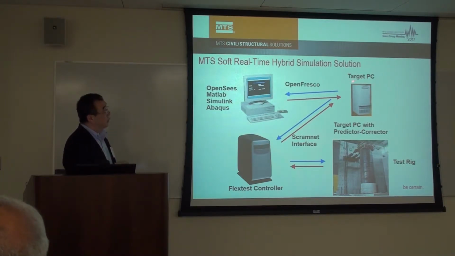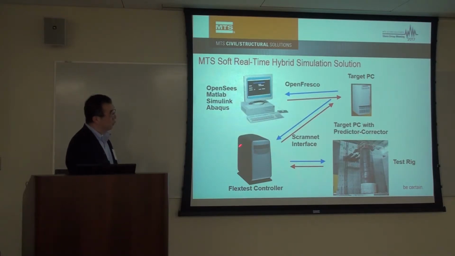The predictor-corrector model runs at a different rate than the real-time controller step size, so it does the interpolation, and the model can be run at a slower, larger time step than the controller step size. Then the predictor-corrector does the regulation and sends the command to the controller according to the controller rate.